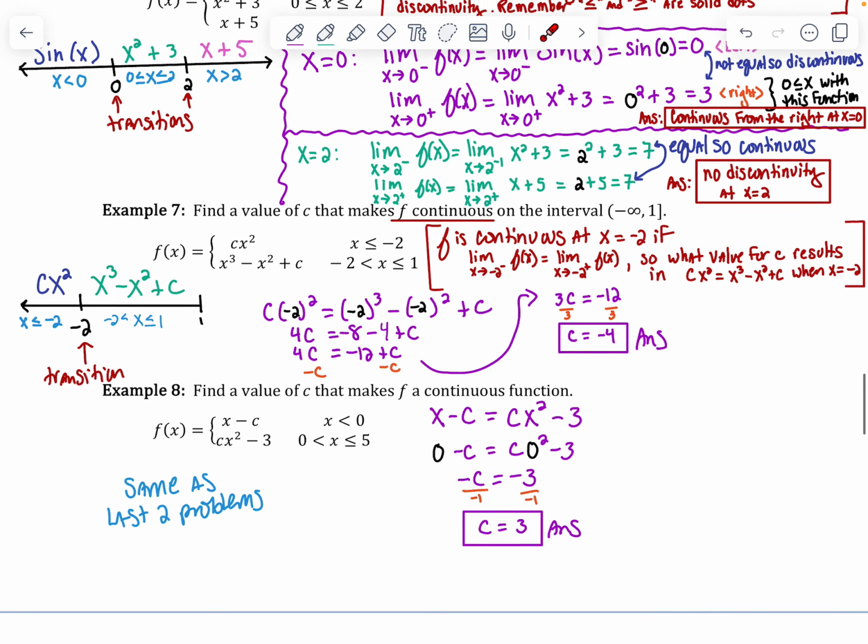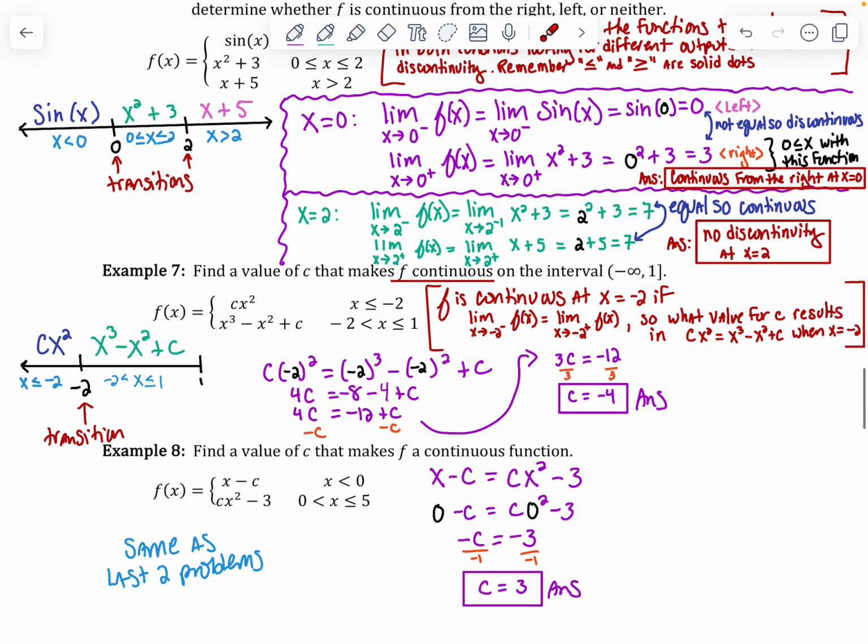Okay, so taking that process, we can extend it on to turning functions into continuous functions. So we're going to find a value c to make a continuous function at those transition pieces. This particular graph is only from negative infinity to 1. X is less than negative 2, goes down to negative infinity, but when x is in between negative 2 and 1, the function stops at 1.